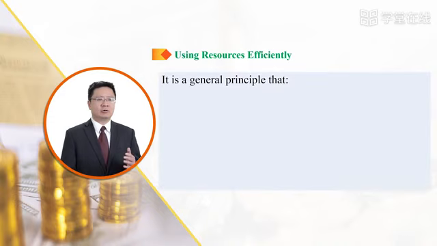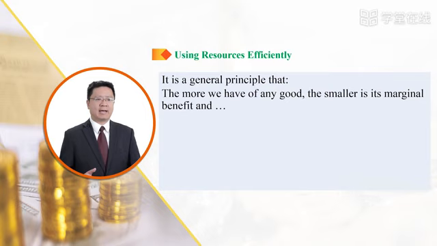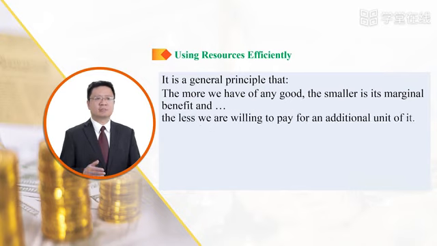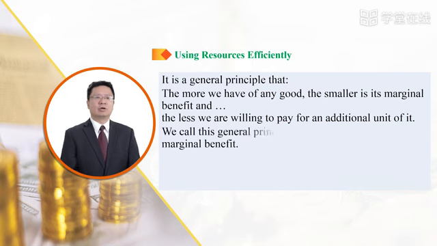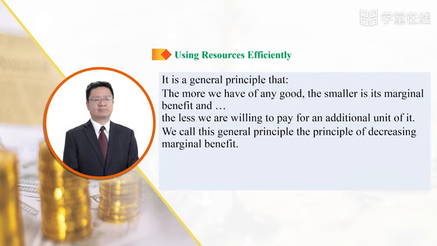It is a general principle that the more we have of any good, the smaller is its marginal benefit, and the less we are willing to pay for an additional unit of it. We call this general principle the principle of decreasing marginal benefit.